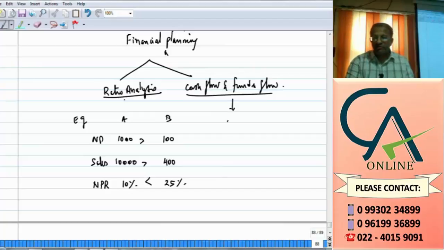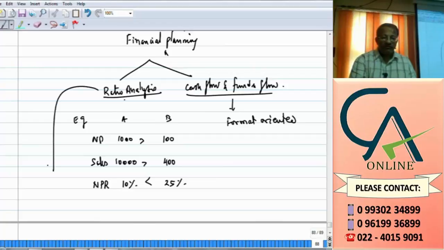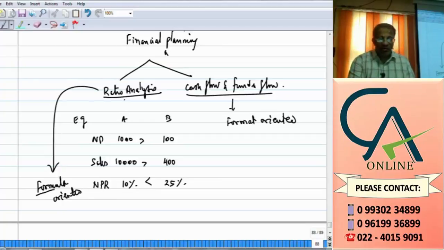Format oriented. This is formula oriented. One is format oriented, the other one is formula oriented.